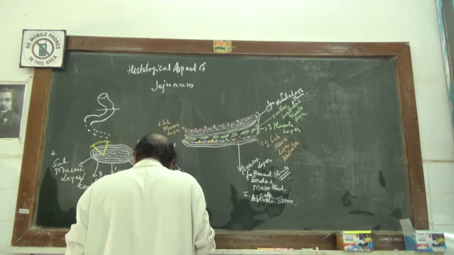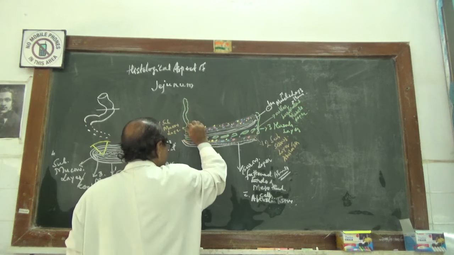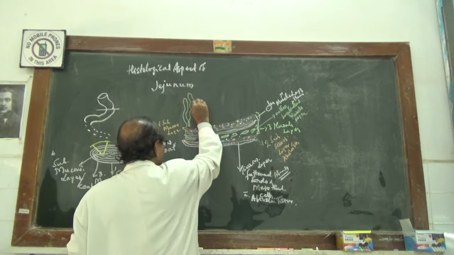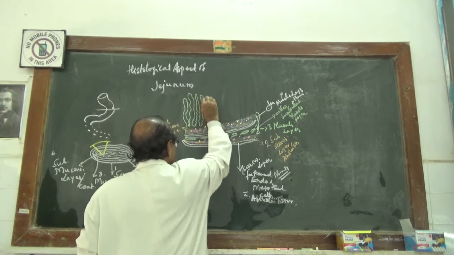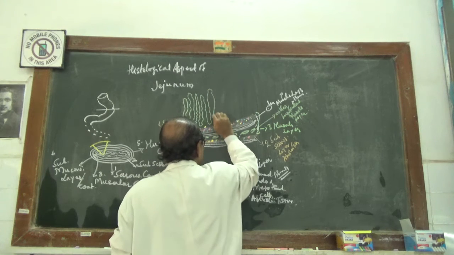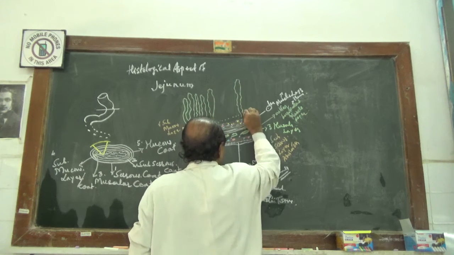The mucosal layer of the jejunum will have very close villi. Now those villi are intestinal villi.